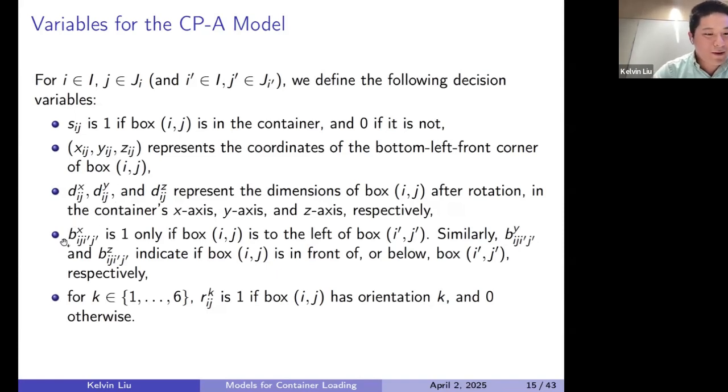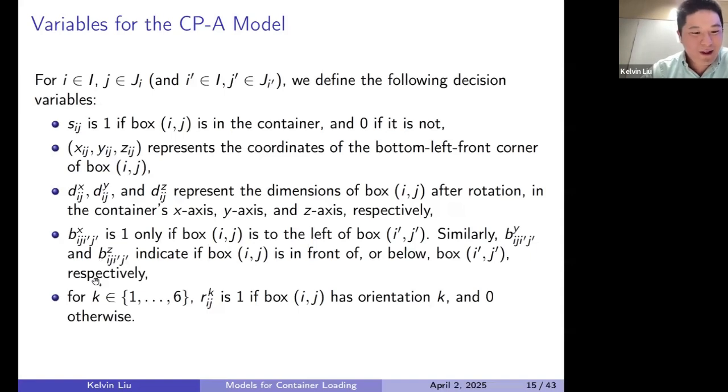And then bx, by, and bz are used to indicate whether box Ij and box I prime, J prime will intersect. If one box is to the left of another box, then this variable will be 1. And if it's in front or below, then these variables will be 1.